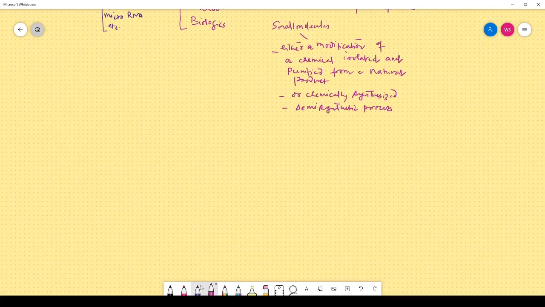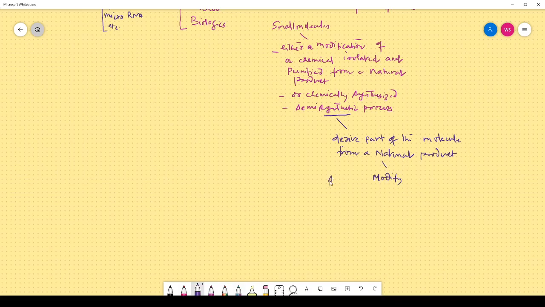So what do we mean by a semi-synthetic process? We mean we derive part of the molecule from a natural product and subsequently modify the structure.